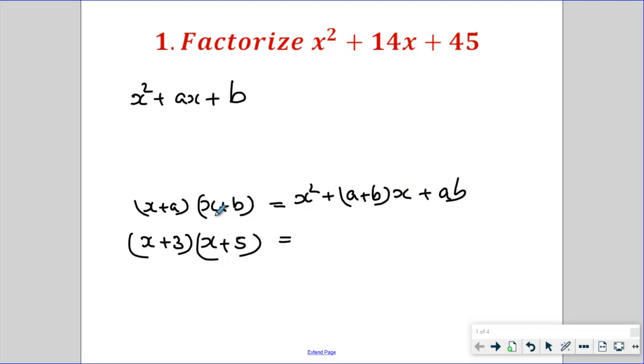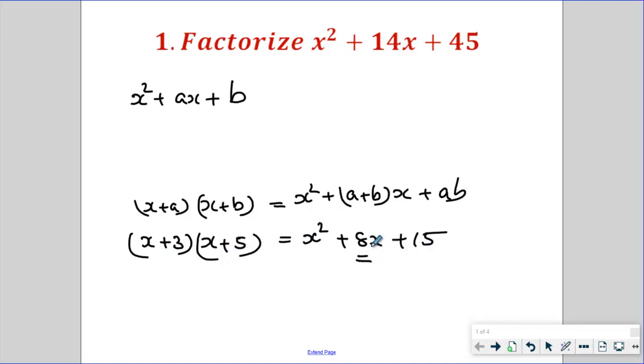That is, x square first term. Then we have to find the sum of the last two terms a and b. Then you have to multiply with x. Then we have to find the product of the last two, ab. Here you can write x square plus 5 plus 3, that is 8x, plus 15. This is the multiplication: x plus 3 into x plus 5 equal to x square plus 8x plus 15.